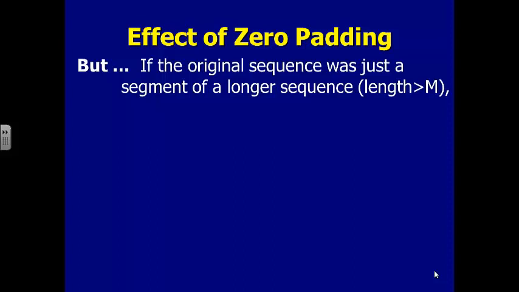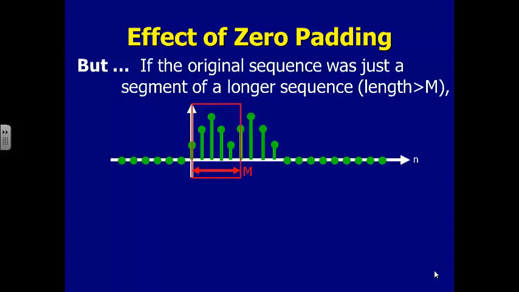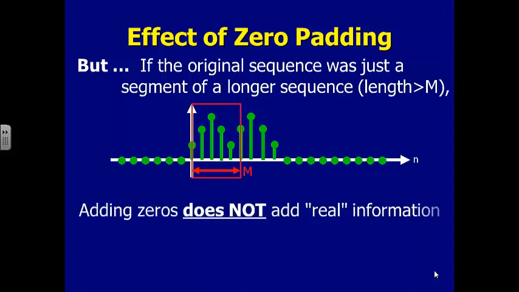If I started off with not the whole thing, and then zero padded that, this is the sequence that I'm looking at the spectrum of, actually the periodically repeating version of that. I'm still missing this information. I didn't add any real information.